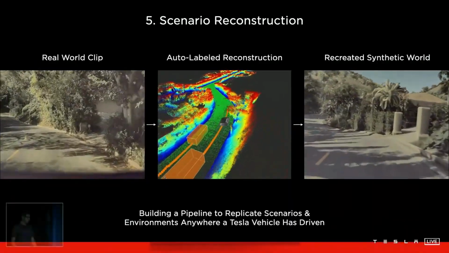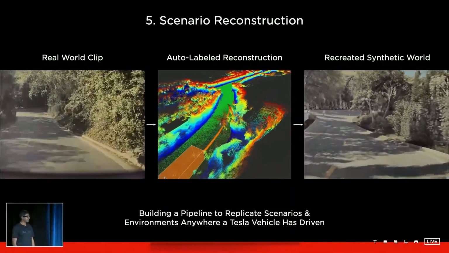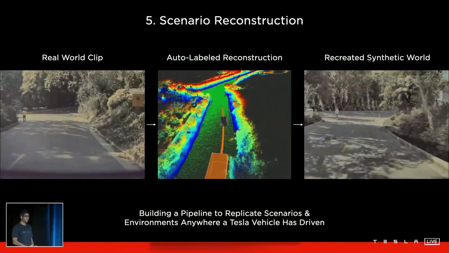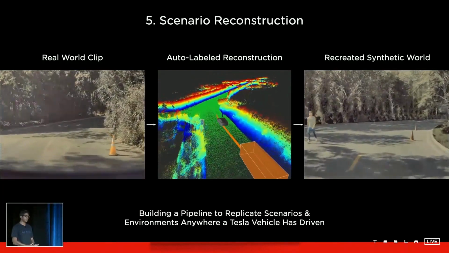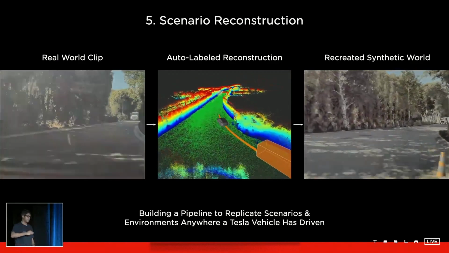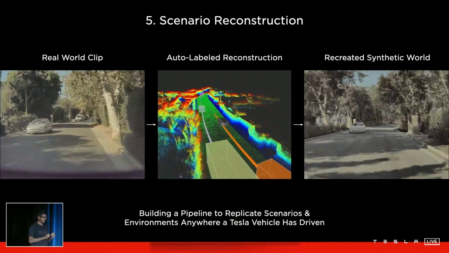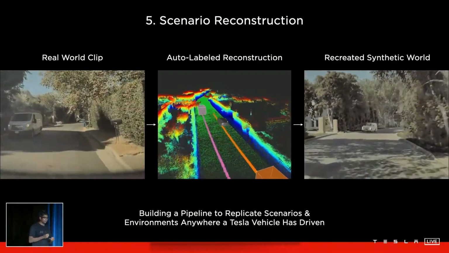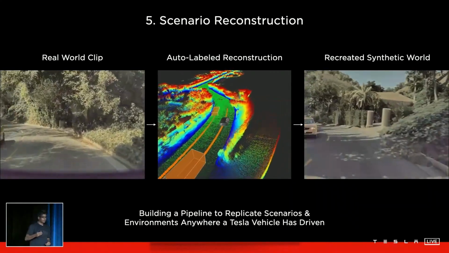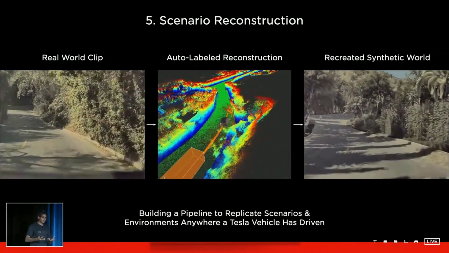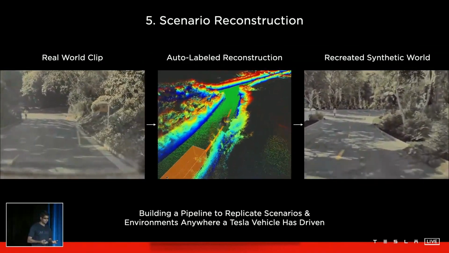We don't want to stop there. We want to recreate any failures that happen to the autopilot in simulation so that we can hold autopilot to the same bar from then on. So here, on the left side, you're seeing a real clip that was collected from a car. It then goes through our auto-labeling pipeline to produce a 3D reconstruction of the scene along with all the moving objects.